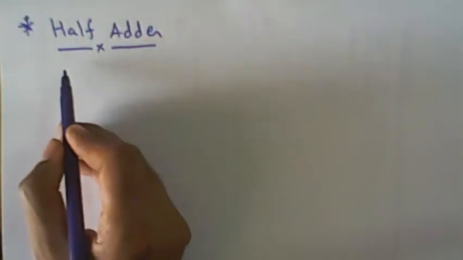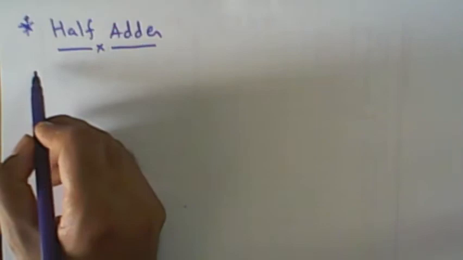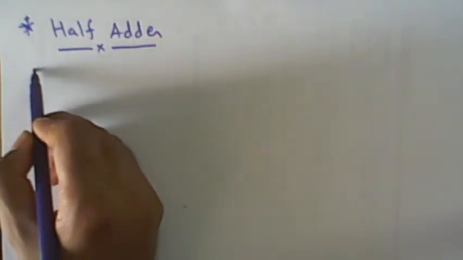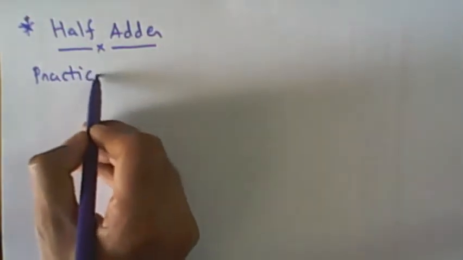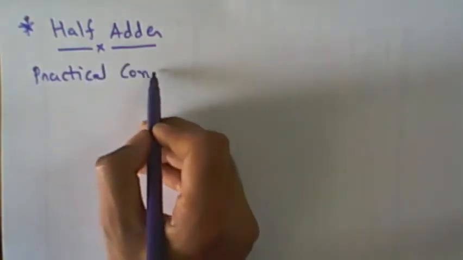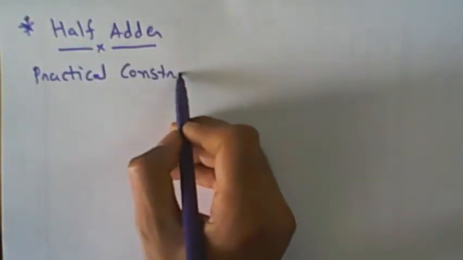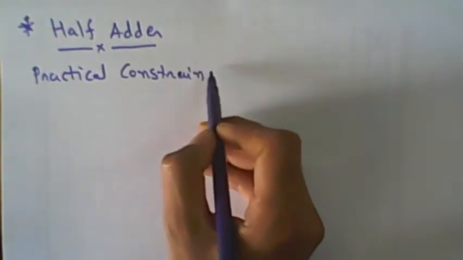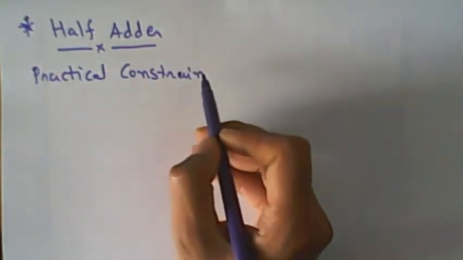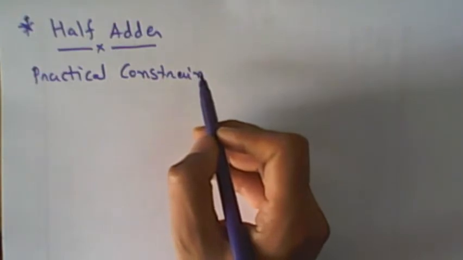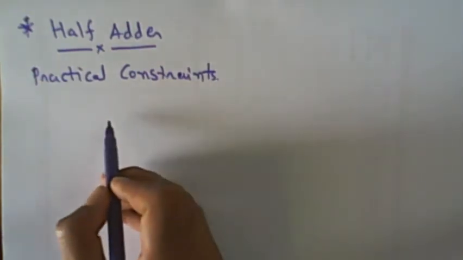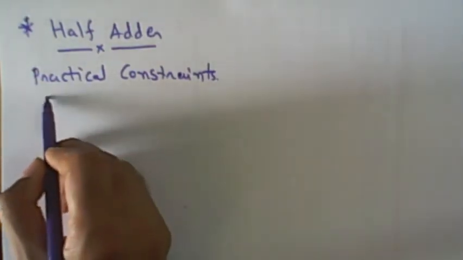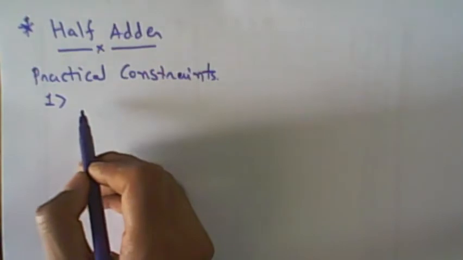So before designing a half adder, let me discuss the different practical constraints before designing a combinational circuit.